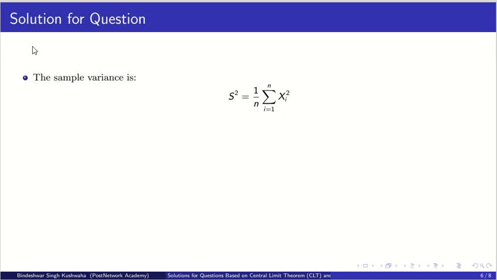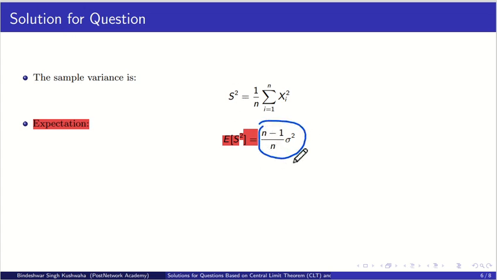We know that the sample variance s square is 1 upon n summation i equal to 1 to n of xi square. If we find the expectation, the expected value of s square would be equal to n minus 1 upon n times sigma square.